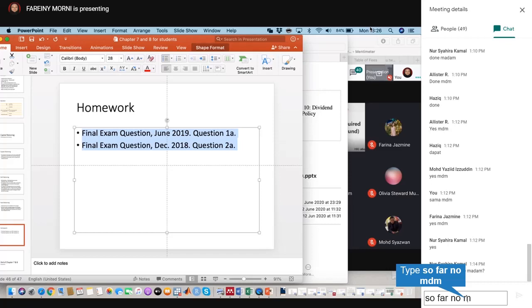So for investors, what they look at is the cash flow. Why? Because they want to see whether the company has enough cash to pay its current liabilities. As long as they have enough cash, it doesn't matter. Even with losses, they can still survive.